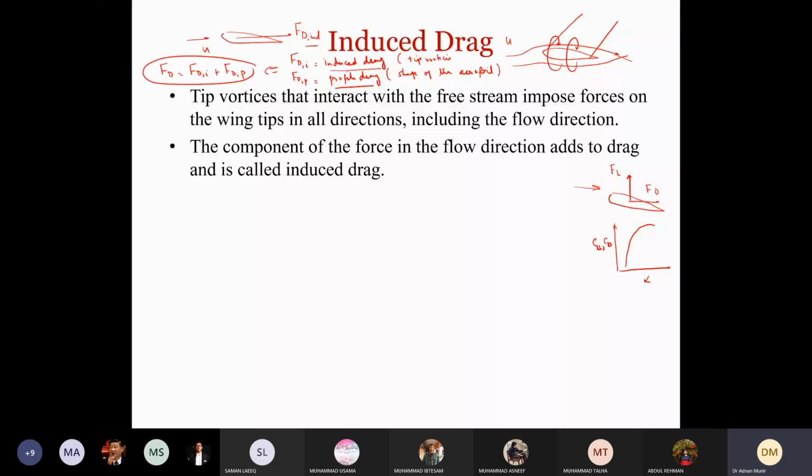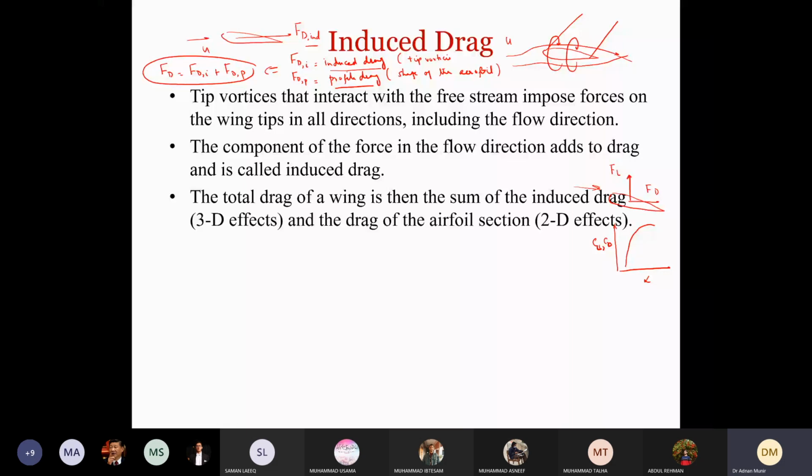So tip vortices that interact with the free stream impose forces on the wing tips in all directions, including the flow direction. The component of the force in the flow direction adds to drag and is called induced drag. Now the total drag of a wing is the sum of the induced drag, which is because of the tip vortices, 3D effects, and the drag of the aerofoil section, 2D effect.